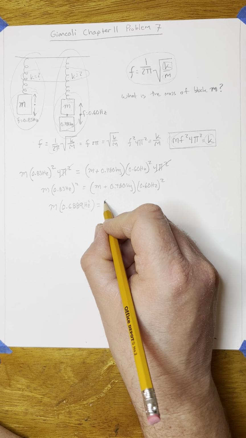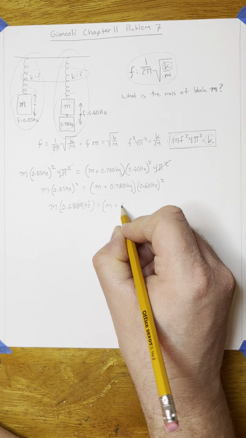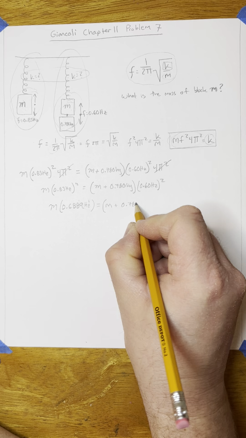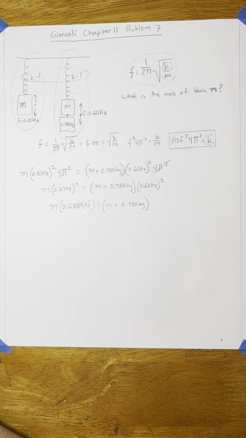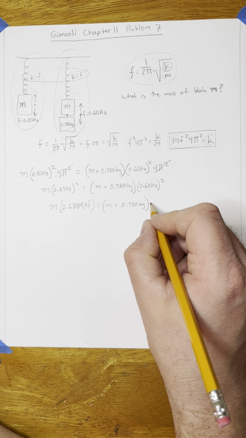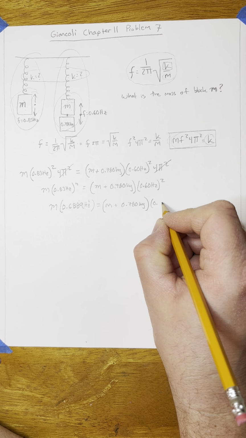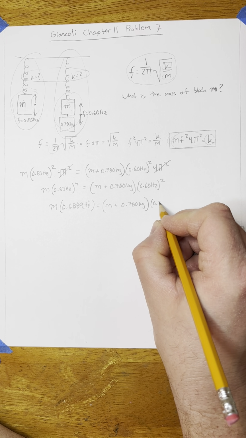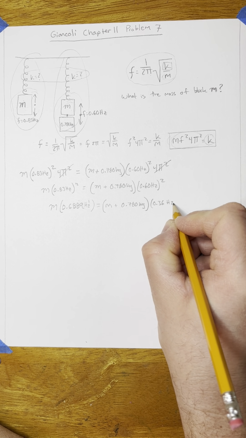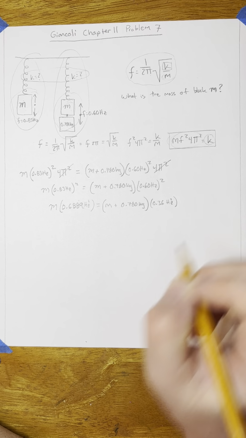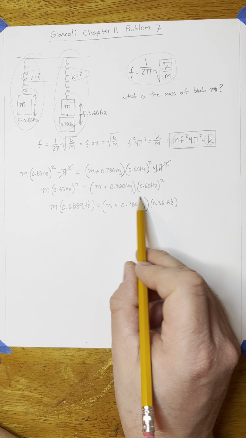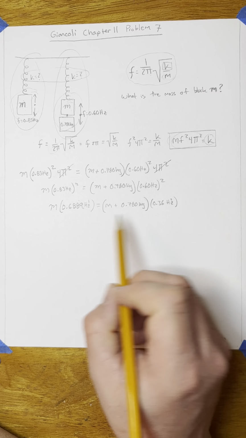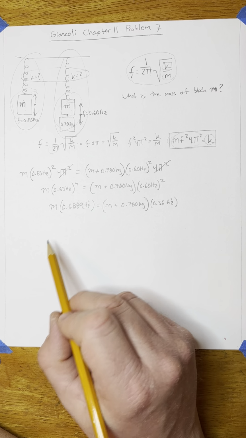And then I will have m plus 0.780 kilograms times 0.6 squared hertz, which would give me 0.36 in the units of hertz squared. Okay, now I've got a mass times hertz squared, and I've got a mass times hertz squared.